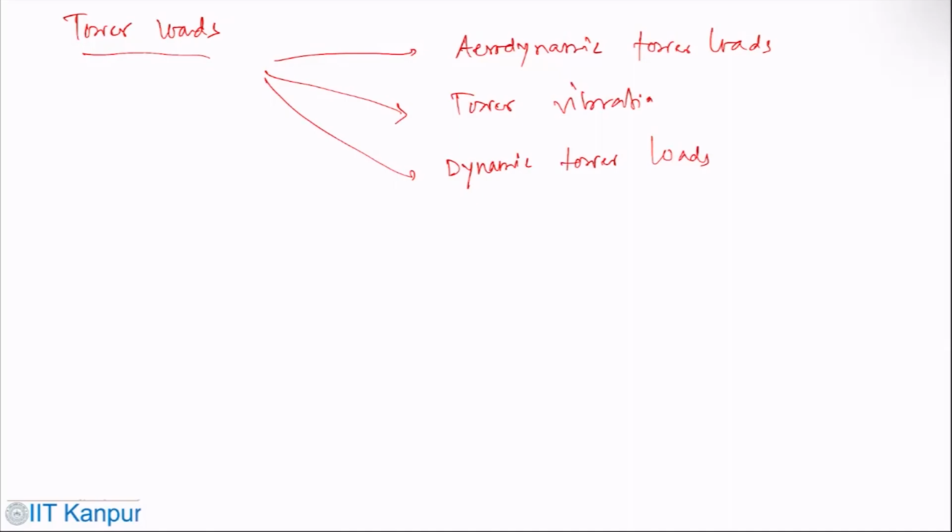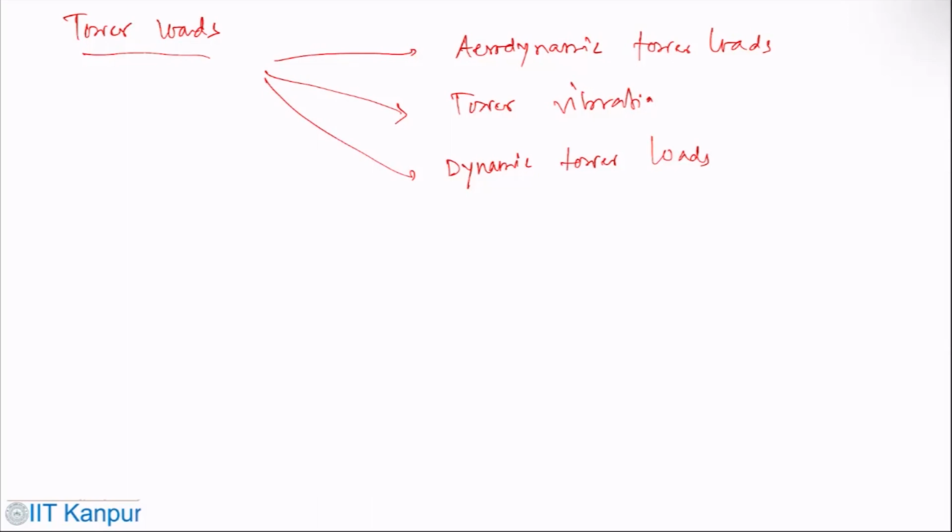So essentially, the aerodynamic tower loads include the rotor thrust during normal operation, the moment of the rotor torque, and extreme wind load. Then tower natural frequencies can be estimated.